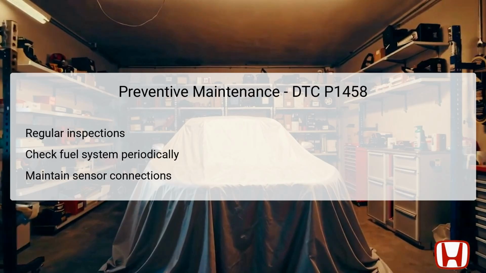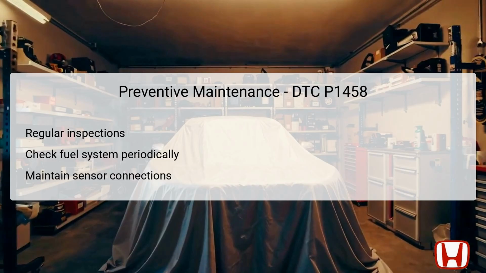Preventive maintenance plays an essential role in avoiding future occurrences of DTC P1458. Consistent inspections of the fuel system components can significantly reduce the risk of malfunctions. It is advisable to frequently check the state of the FTP sensor and related hoses to ensure they remain in good condition, free from blockages.